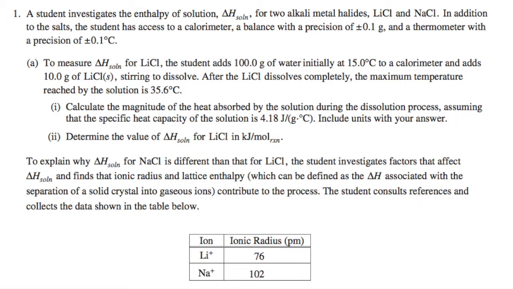Now moving on to part 2 of letter A, it wants me to determine the value of the change in enthalpy for lithium chloride in kilojoules per mole. I'm going to begin by writing down how much lithium chloride I have, which is 10 grams, and then converting that to moles.